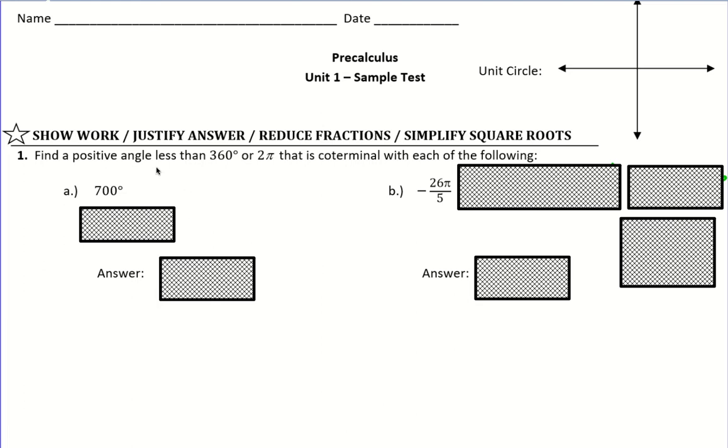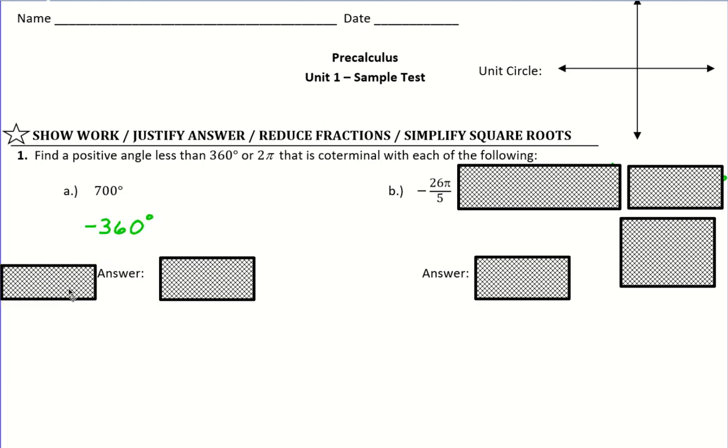I want you to find a positive angle less than 360 degrees or 2 pi that is coterminal with each of the following. So you got to know what coterminal means, or at least how to get through problems like this. With 700 degrees, we're looking for something coterminal with 700 that is positive but less than 360.